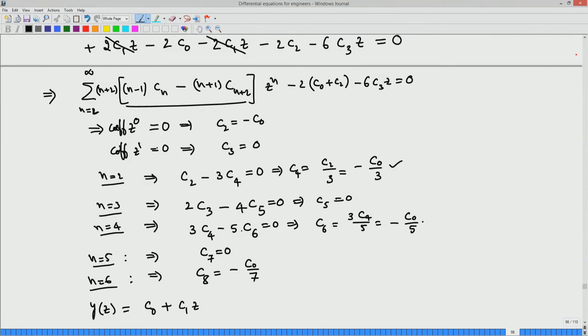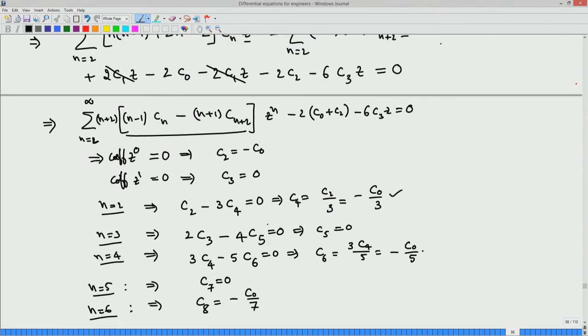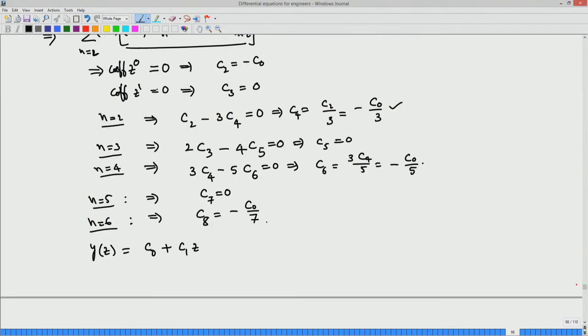So what is C1? I could not find C1, and then C2 is minus C0 into z square, and then C3 is 0, C4 is minus C0 by 3, so you have z power 4.